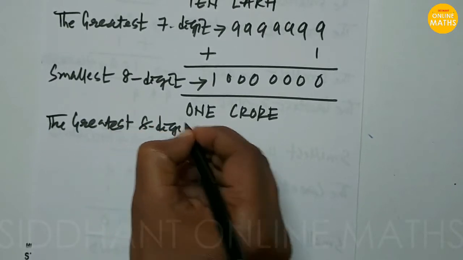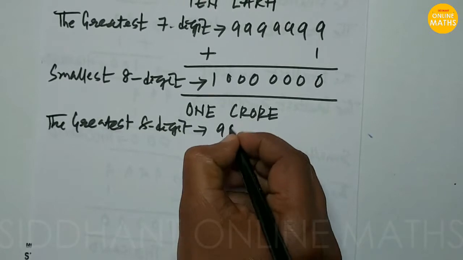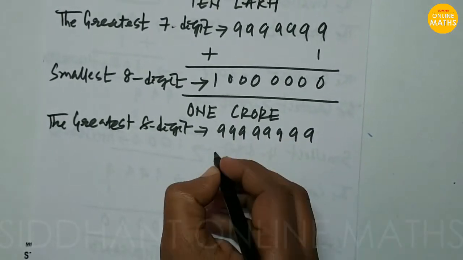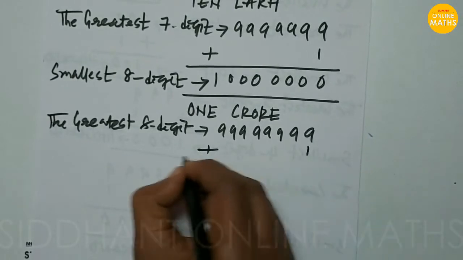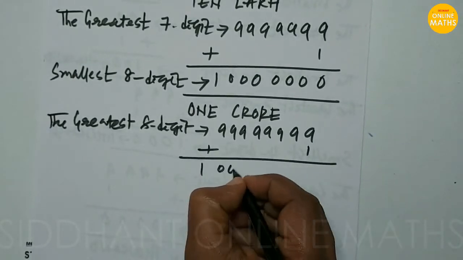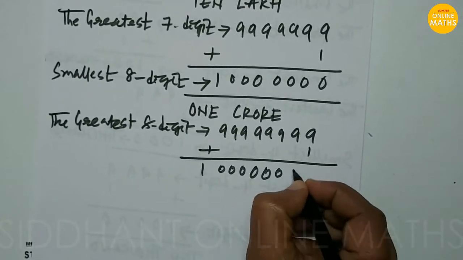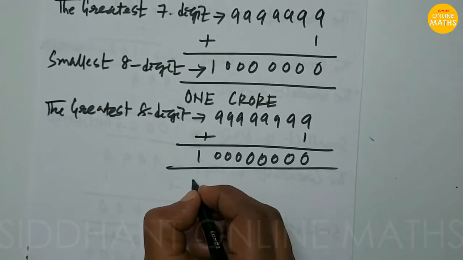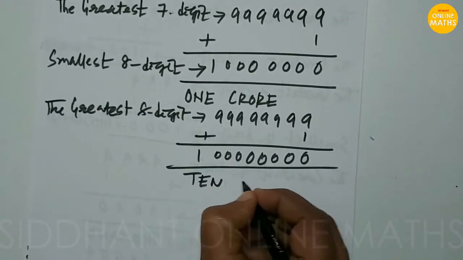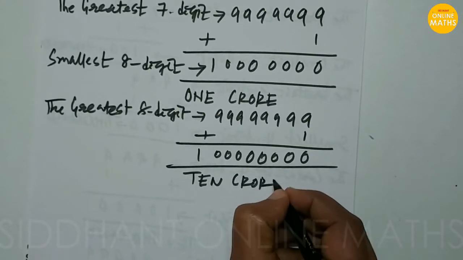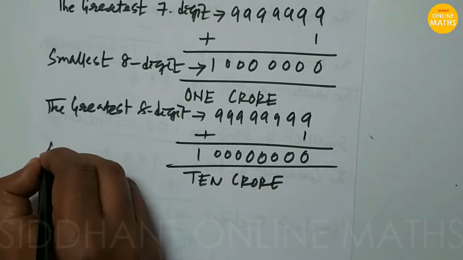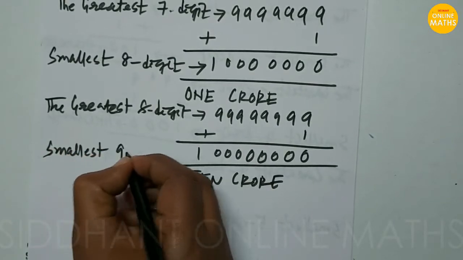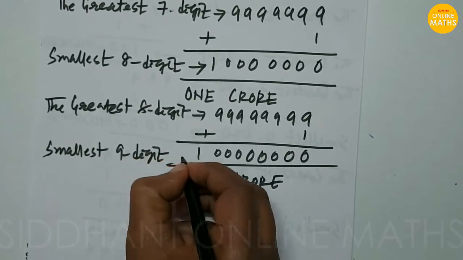When you add 1 to this, it will be 100000000, and this will be read as 10 crore. And now we know that this is the smallest 9-digit number.